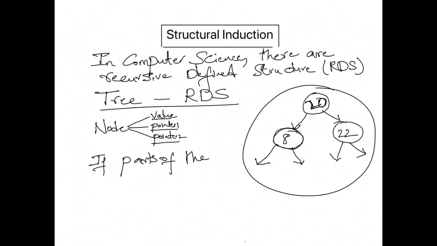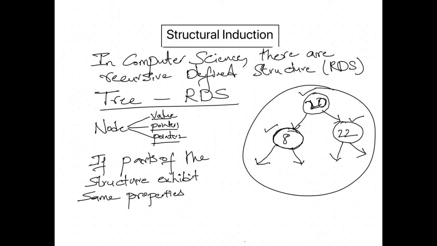If parts of the structure, this is one part, this is another part, this is another part, exhibit the same properties. Yes, every node is exhibiting the same property. This node is exhibiting properties like value and 2 pointers. This node is also exhibiting the property value and 2 pointers. This node is also the same, value and 2 pointers.